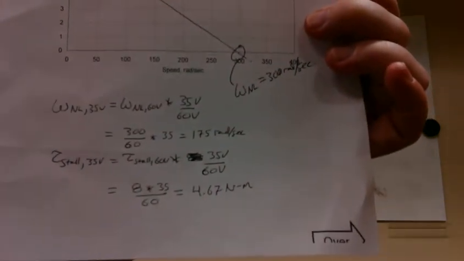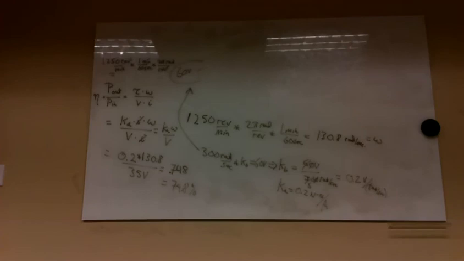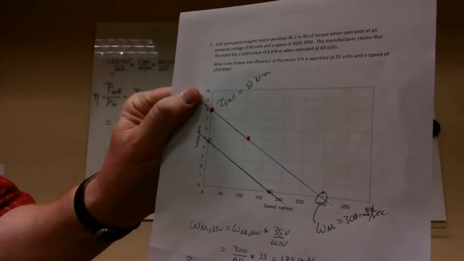So what I'm going to do is put on 2 new points on there. I'm going to get 4.67, and then I'm going to put 175. I'm going to draw a straight line between them. And that's the line that I get for 35 volts, the second line on there.